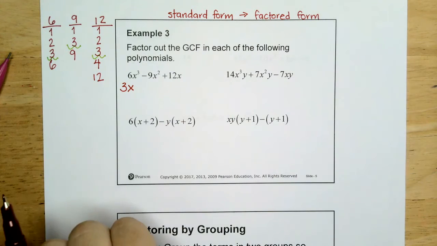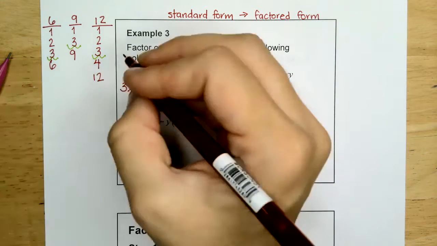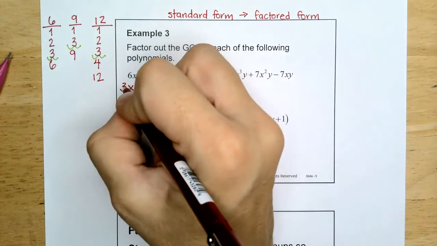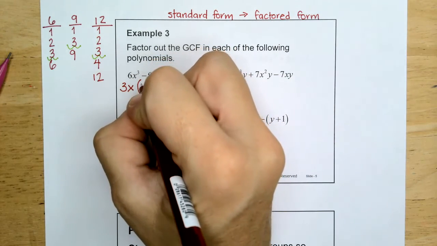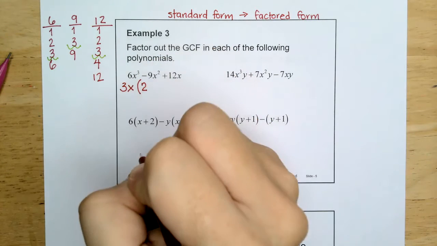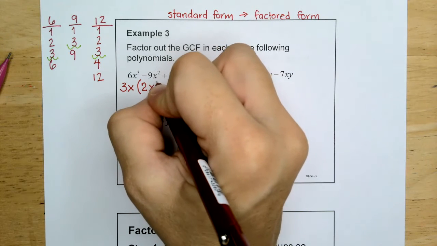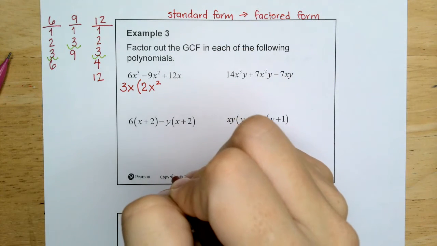Now we're going to factor it out. This means 3x times what will get me 6x cubed, right? 3 times 2 will get me 6. x times x squared will get me x cubed, right?